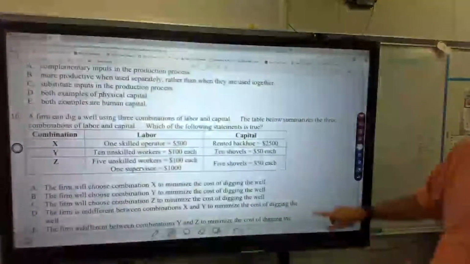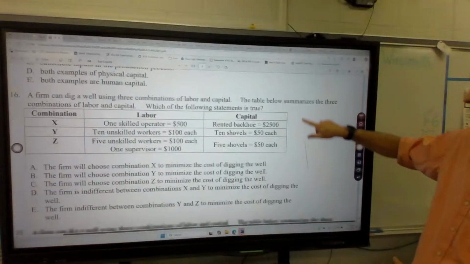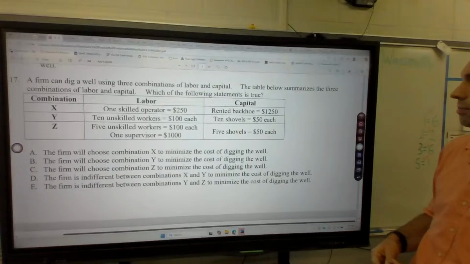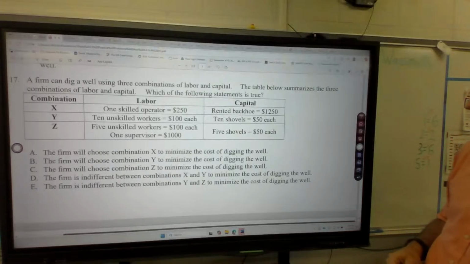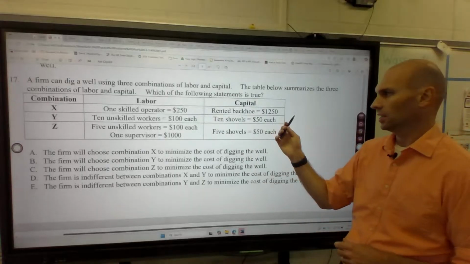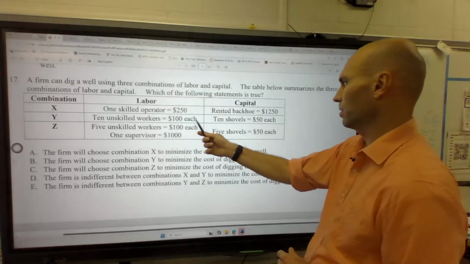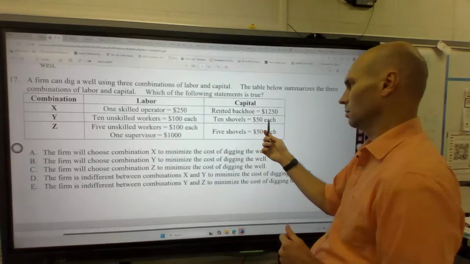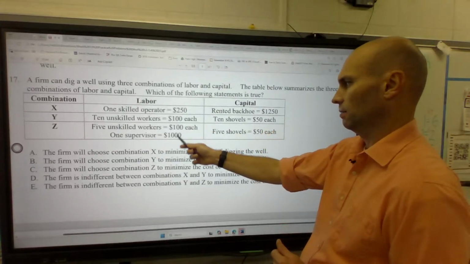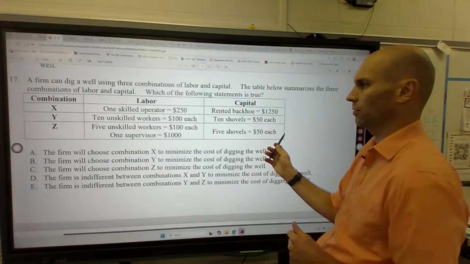16, 17. Cool, change the numbers. All right, so what is true? Which one is the cheapest? X and Y. This is 1,500, this is going to be 1,000, this is 1,500, this is 1,700.